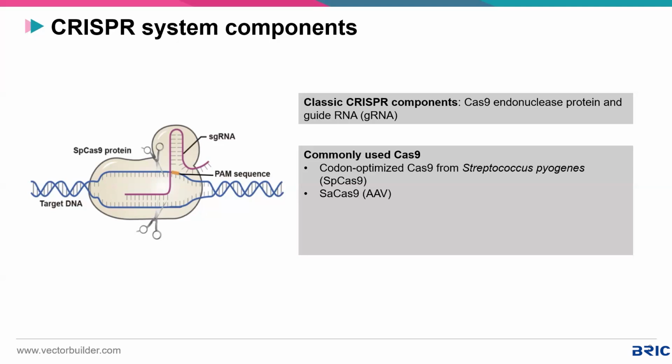Both of these Cas9s induce double-stranded breaks in the DNA. And sometimes you don't want the double-stranded breaks. You want to be able to use Cas9 to have some effect at the target site, but not make the break. In such case, you will use catalytically inactive Cas9 or dCas9. And there are also other Cas9s called D10A, which are nickases.